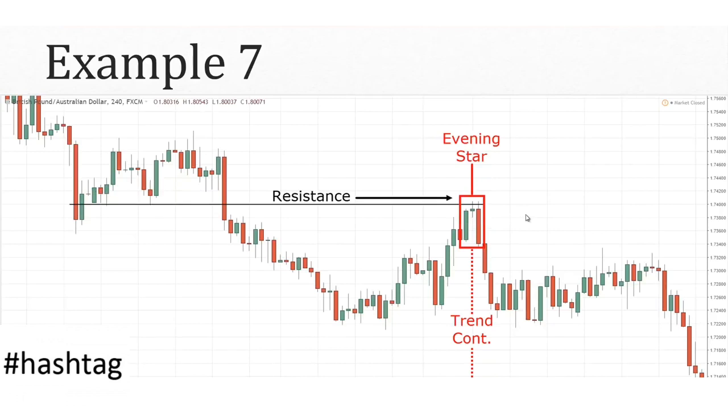So one thing to point out is that earlier I shared with you the different reversal candlestick patterns, and if you notice, the evening star looks slightly different from what I shared earlier. What I shared earlier, if you recall, the middle candle shows a doji where the price opens and closes at the same level, whereas this one over here has a slight body where the price did close higher slightly.